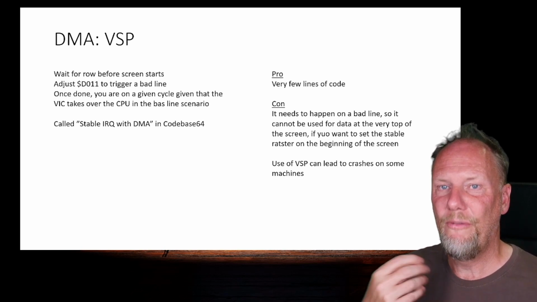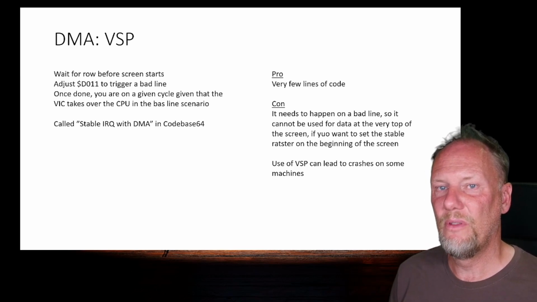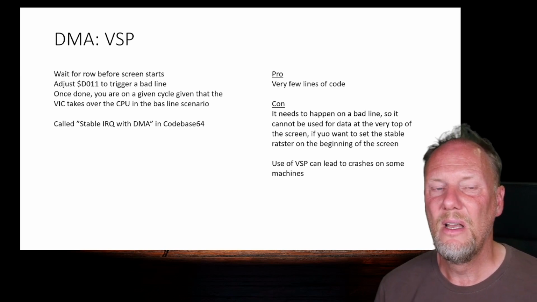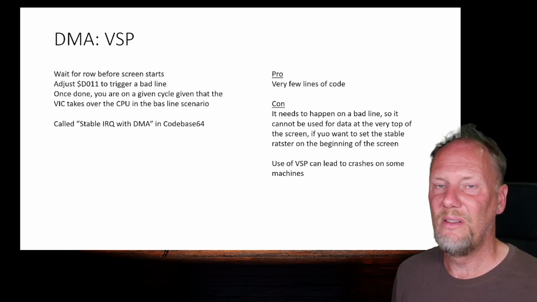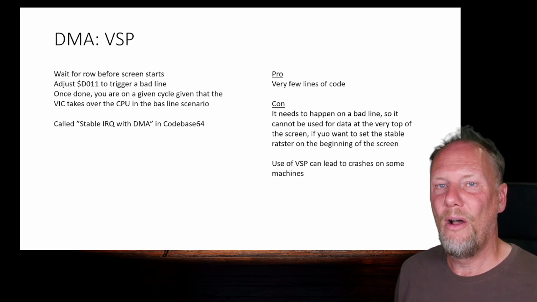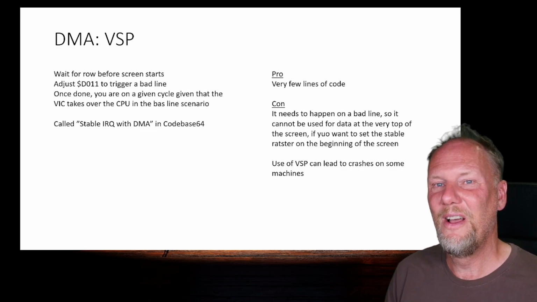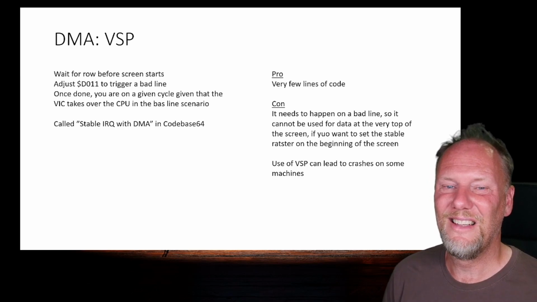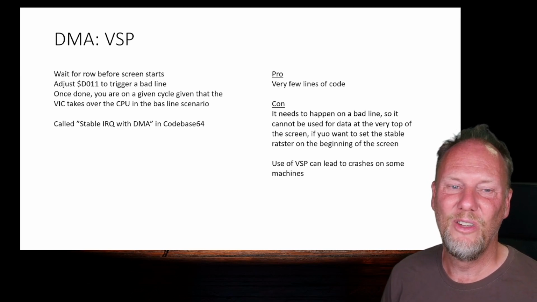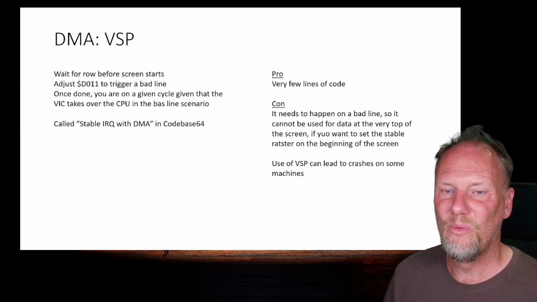On the line, you are forcing the screen to go into one of those bad lines, which means that the VIC will take precedence over the bus and the CPU will sit back. What happens then is that the CPU gets access again to execute its instructions after the VIC has left it, and that means it's miraculously synchronizing itself. Again, there is a stable IRQ with DMA article on Codebase 64, with a link down below where you can read about how this works.